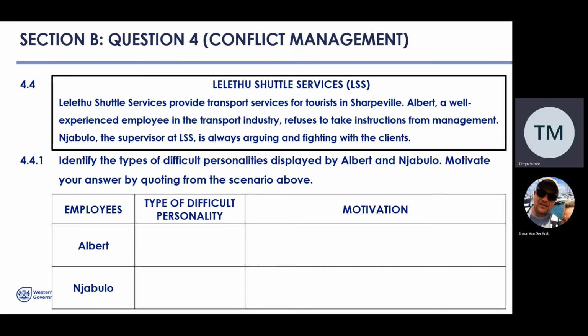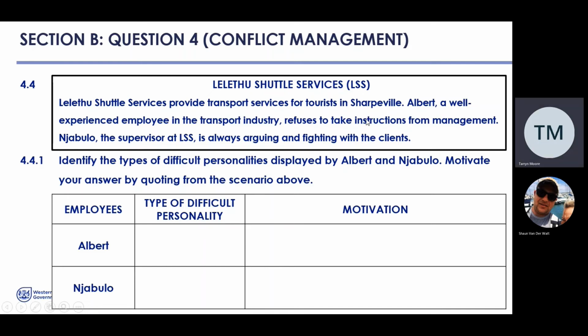Look at statement 2, look at statement 3, where each of the individuals, the employees, are spoken about within the sentence. Identify the type of difficult personality and motivate by quoting. Grade 12s, we have to quote the full complete sentence. Leluti shuttles provide transport services for tourists in Sharpeville.